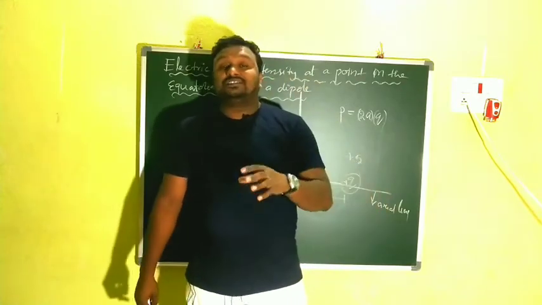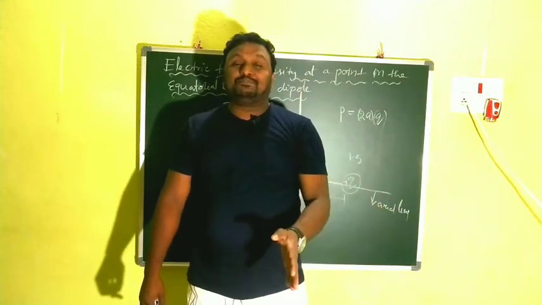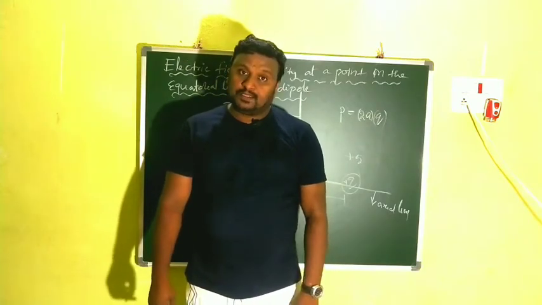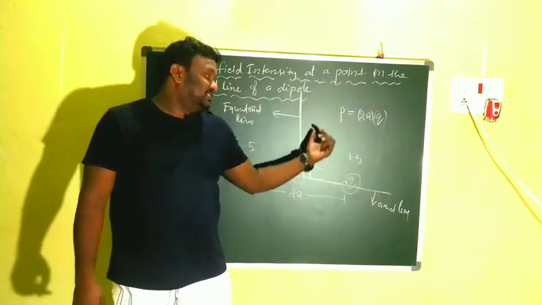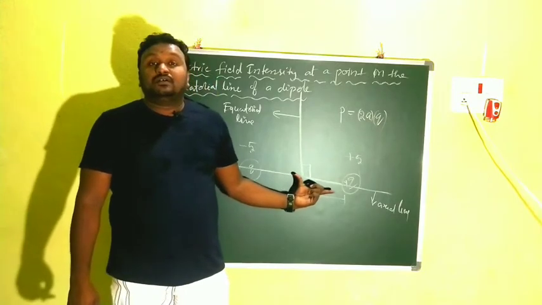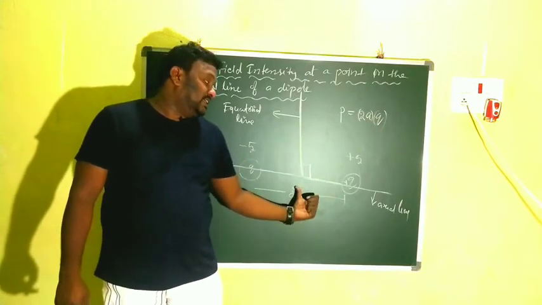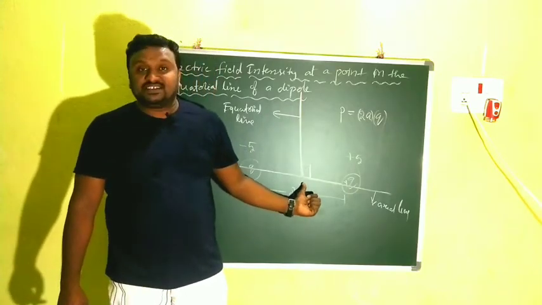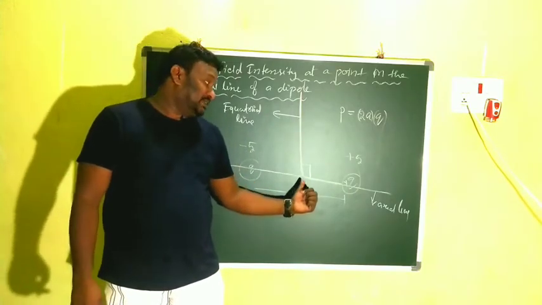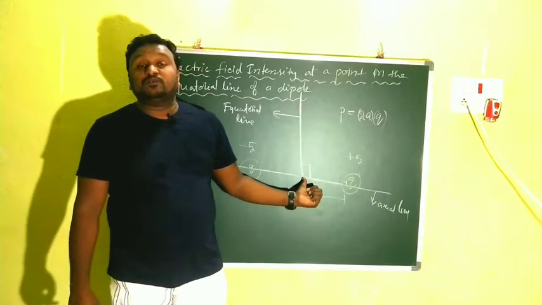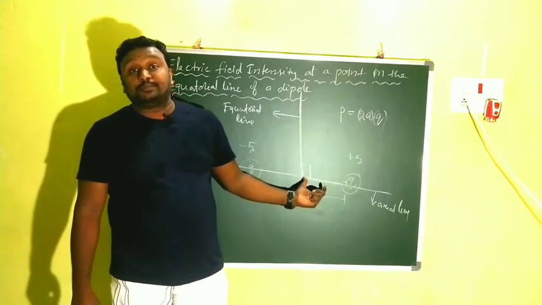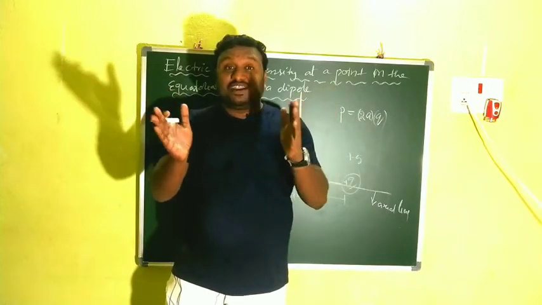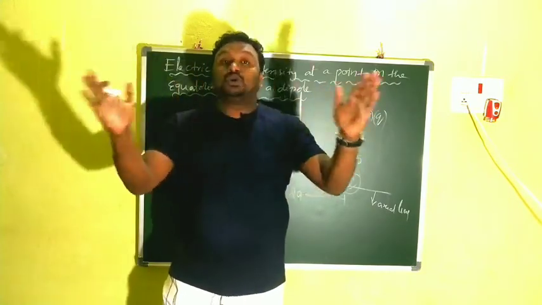The equatorial line is the line which bisects the dipole length into two equal parts, perpendicular to its length. This vertical line is perpendicular to the axial line, and it comes from the midpoint of the dipole, dividing the dipole length into two equal parts.